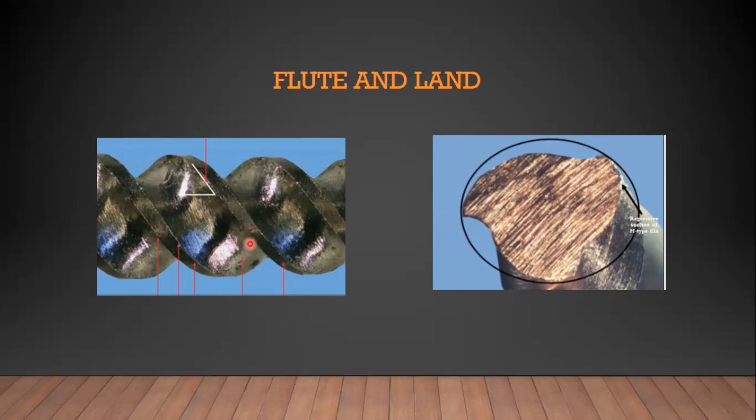Once a file is rotated, it should be kept in mind that if a file is very efficient with sharp cutting edges, rotated one time in one position, the canal can be enlarged to the file diameter. To avoid transportation, it should not remain in that position for long once the canal is enlarged. Otherwise, it will lead to transportation of the canal.